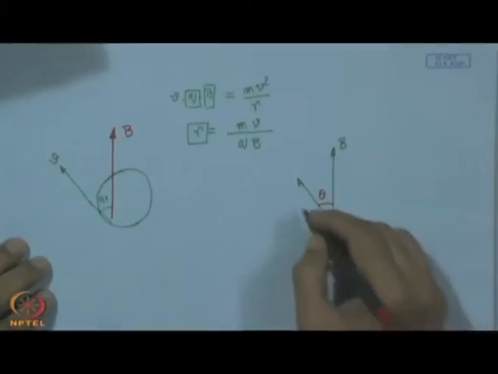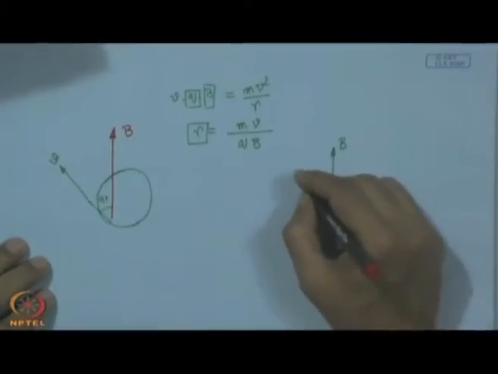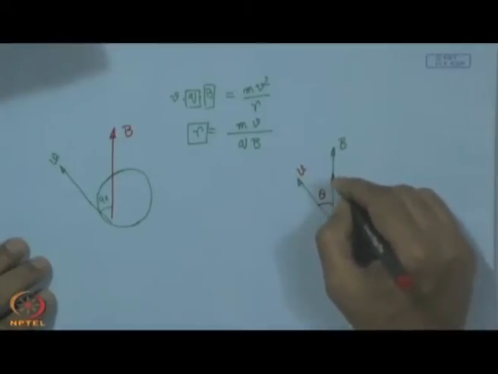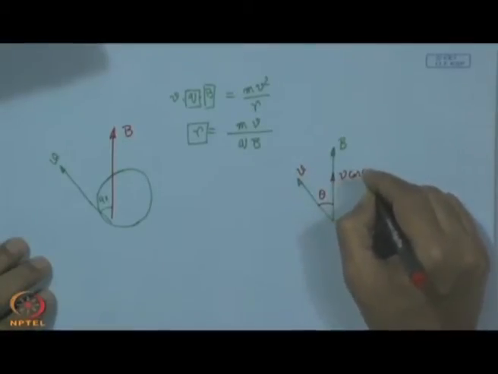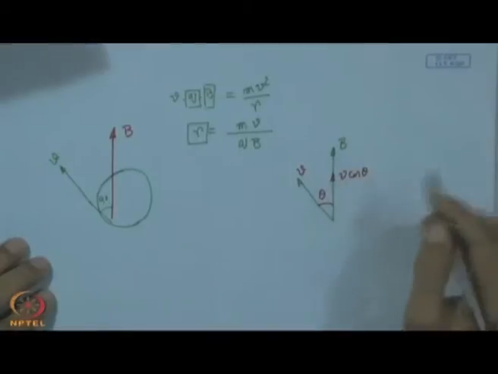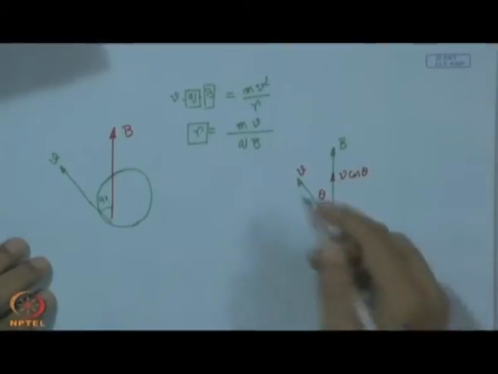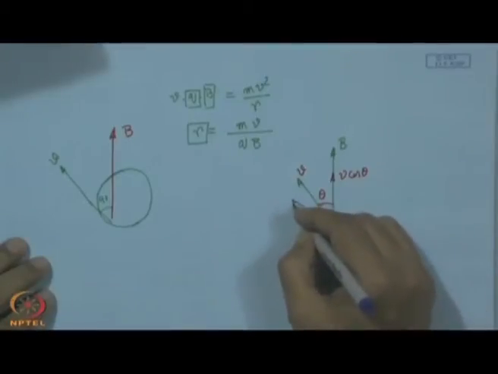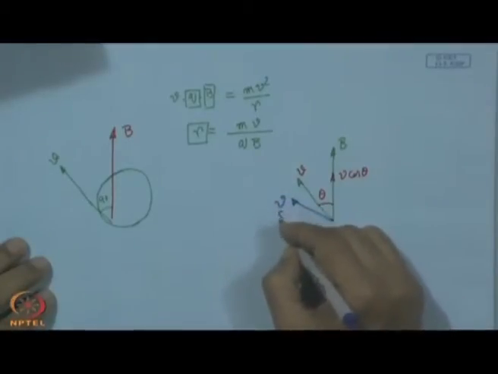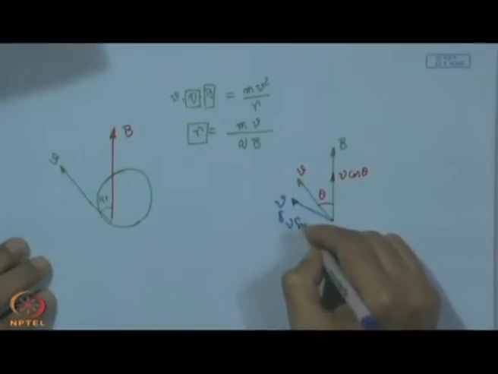So, there will be two components. Say this is V. One will be along B, which will be V cos theta, and then there will be another component at right angle, the sine component, V sin theta.